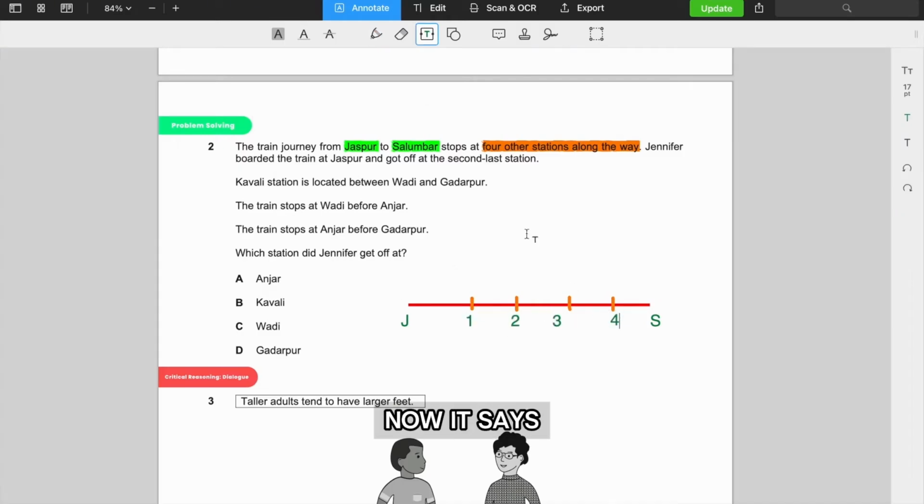Alright, now it says Jennifer boarded the train at Jasper and got off at the second last station. So Jennifer got off at this station. Right? Okay. And then it says Cavally station is between Wadi and Gadapul. Now, we don't know where Wadi and Gadapul is, but where can Wadi and Gadapul be?